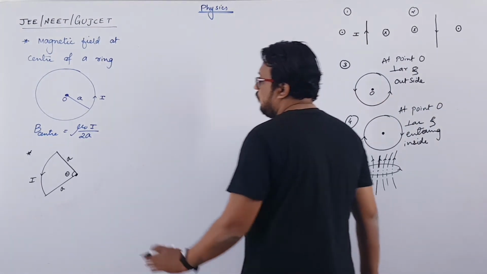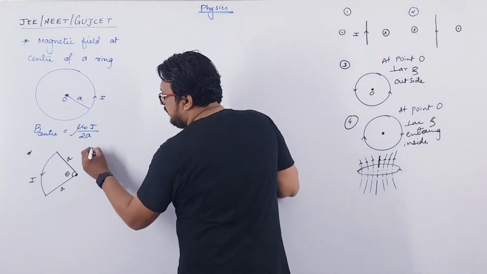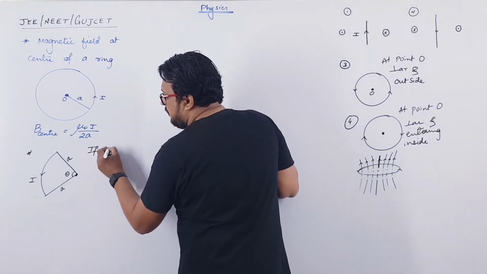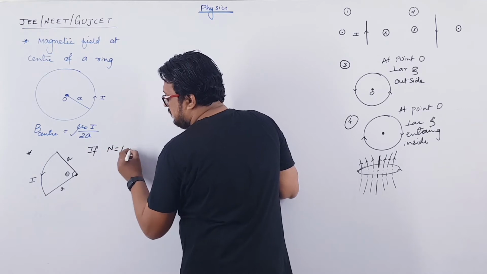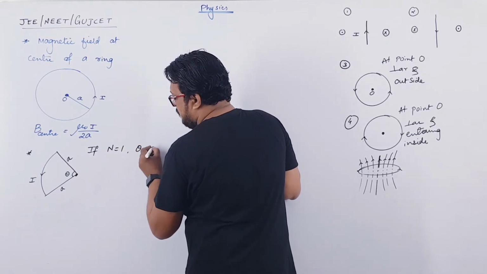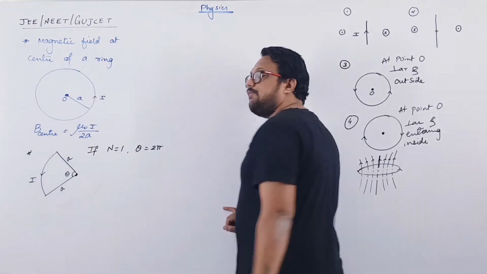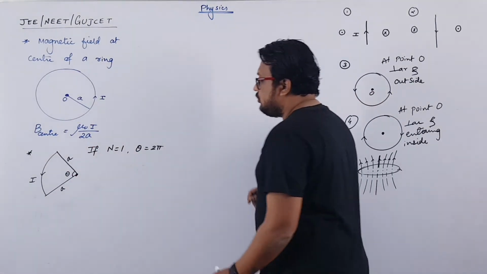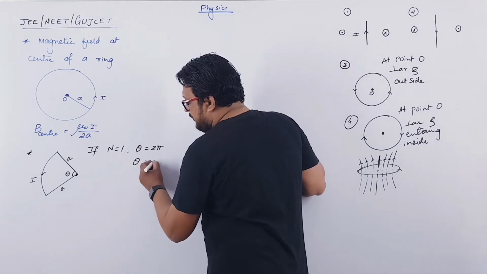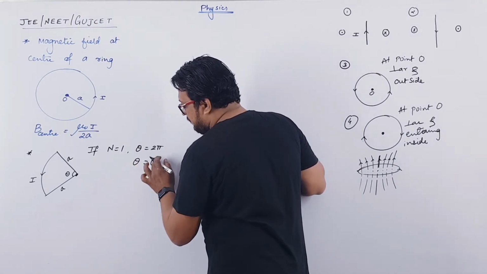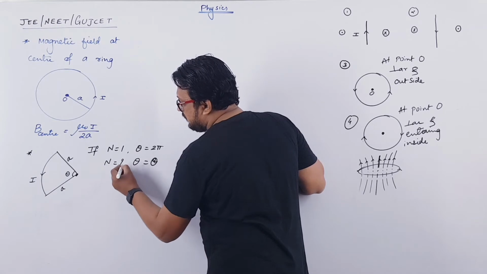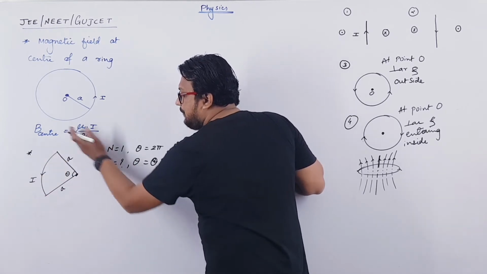Now look, what we should know here is, if number of turns n is 1, then angle will be equal to 2 pi. For one complete turn, angle will be 2 pi, right? So if theta is equal to theta, if you take angle same, what will be the number of turns? Look, clearly it is not a complete turn, right?